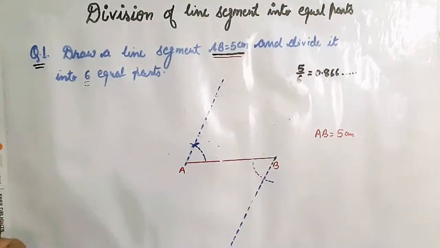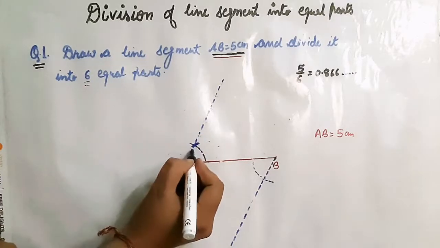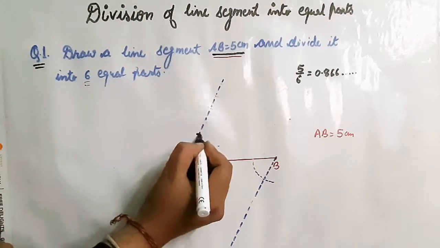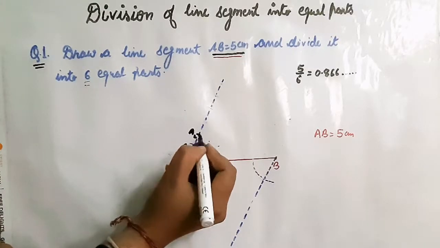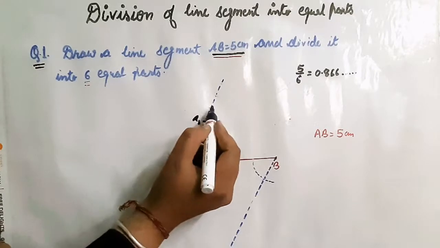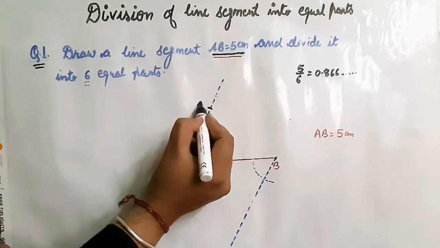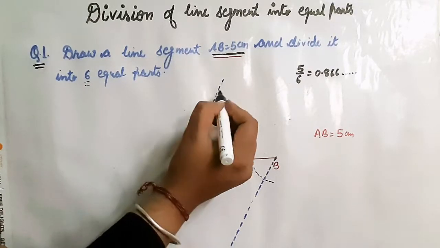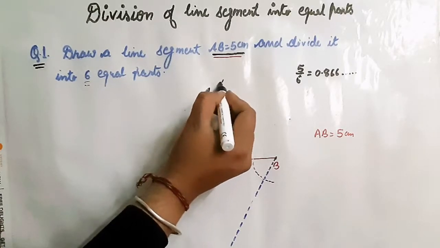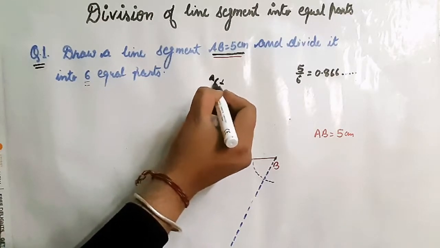These 6 points you have to mark at equal distance. Let us name them A1, A2, A3, A4, A5 and the last one is A6.